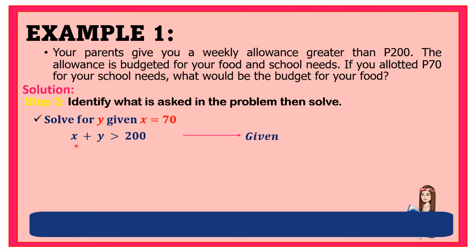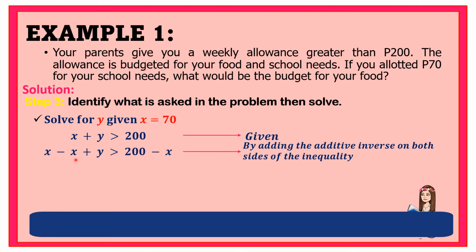So, kailangan maalis natin yung X. So, para matanggal natin yung X, then it will be addition property of inequality. So, mag-add tayo ng negative X on both sides. So, negative X dito, negative X din sa kabila. Para makakancel na to. May iwan na lang Y is greater than 200 minus X. Then, we substitute.